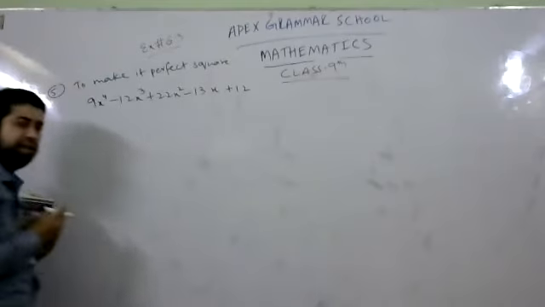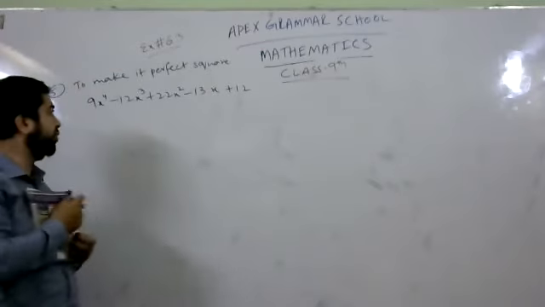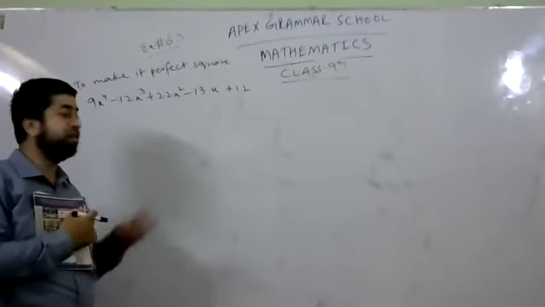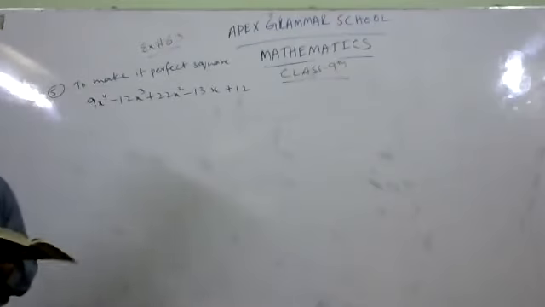We need to make this a perfect square. It means it is not a perfect square. But if this is to become a perfect square, what changes do we require?